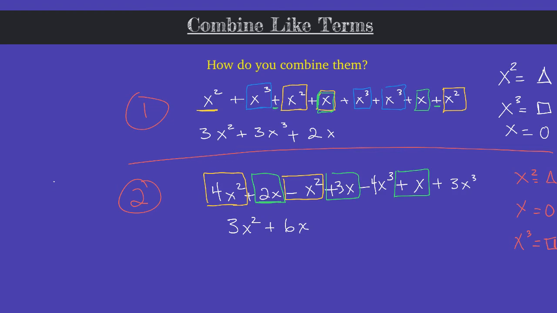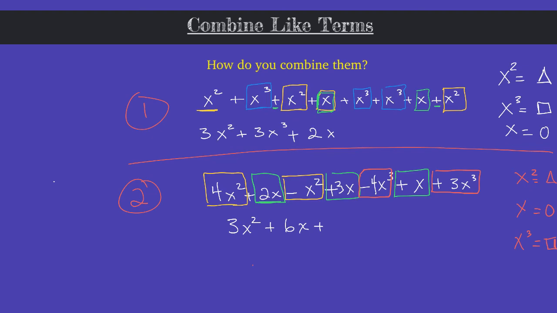And then finally, let's go ahead and look at the x cubed terms, okay? So we have a minus 4x cubed, and we're adding to that 3x cubed. Now, this is where sometimes students do get a little bit confused, and so I'm going to try to help you to understand, okay? When you see a minus in front, it's almost as if you owe someone 4, and in this case, our x cubed term is represented by a square. It's almost as if you owe someone 4 squares, okay? But it also says to add 3 x cubed or 3 squares.